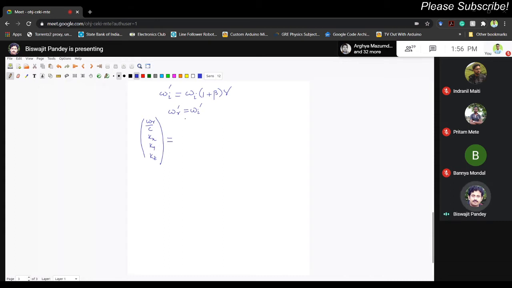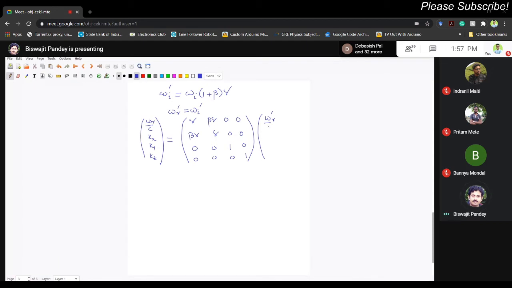So in this case, your sign will change. So gamma, beta gamma, 0, 0; beta gamma, gamma, 0, 0; 0, 0, 1, 0; and 0, 0, 0, 1. So this is the Lorentz transformation matrix.